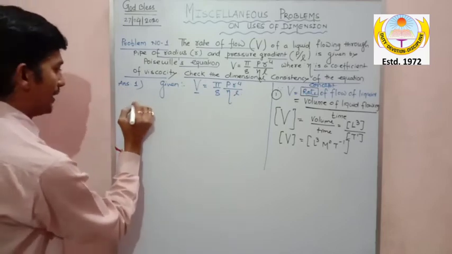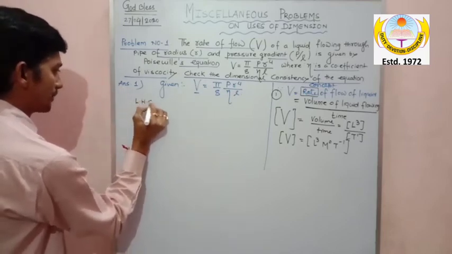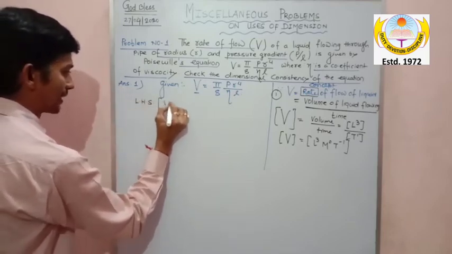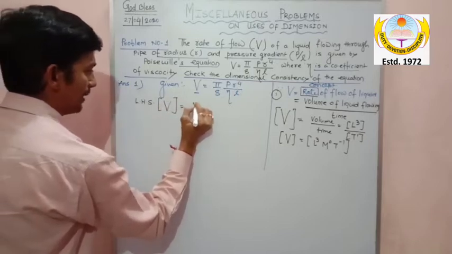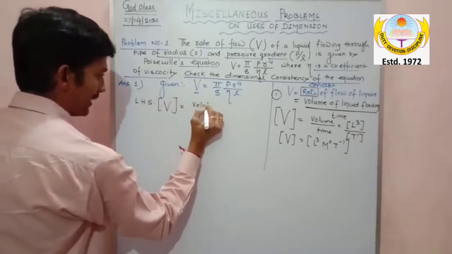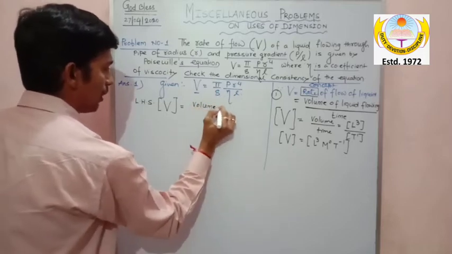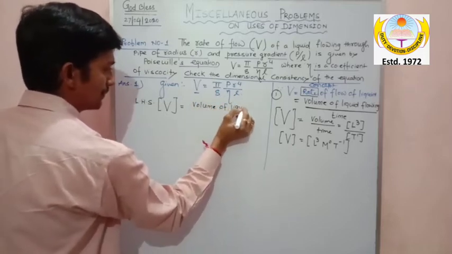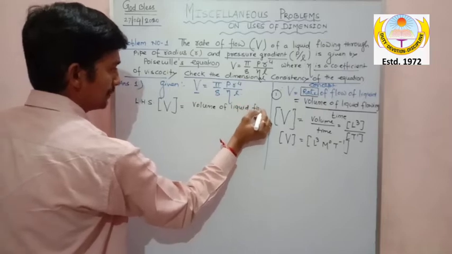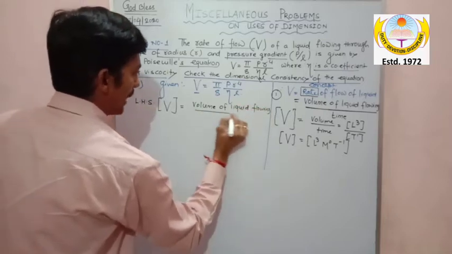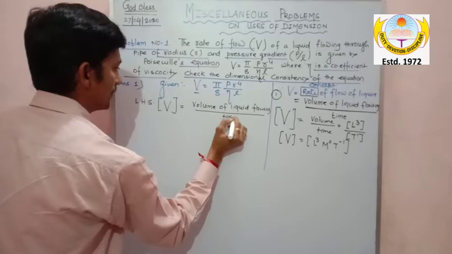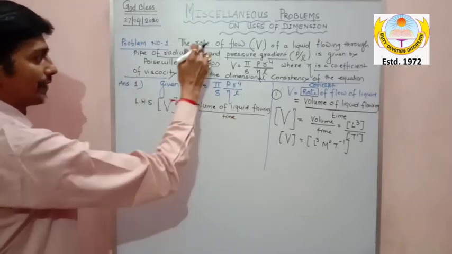So I will write here left hand side. So what is on the left hand side? That is capital V. What is capital V? Sir, it is volume of liquid flowing divided by time. This is actually your rate of flow.